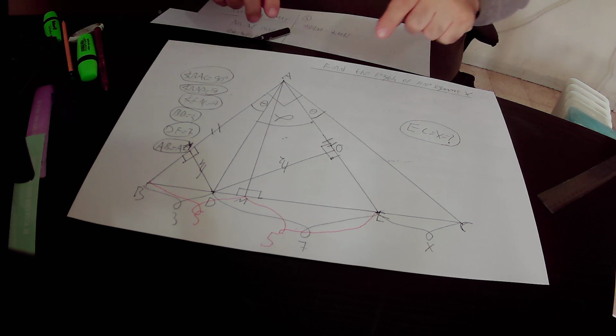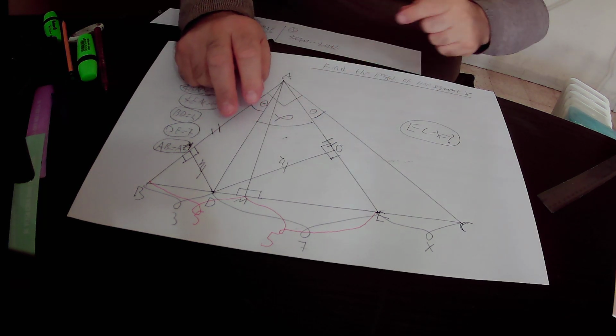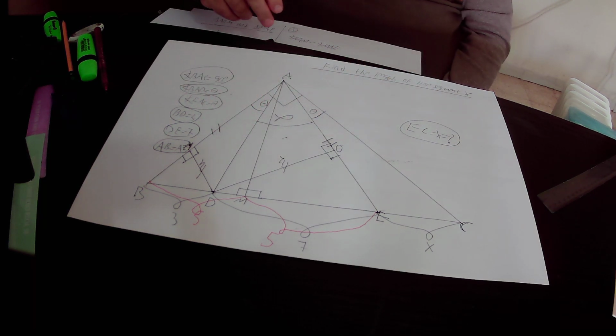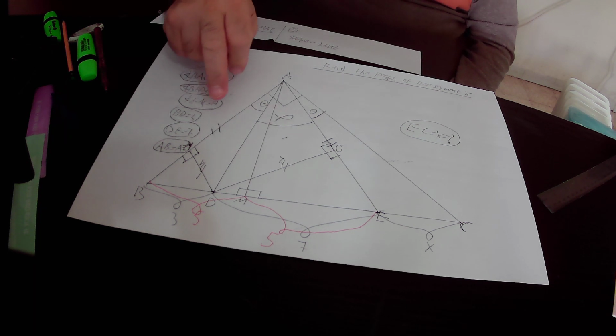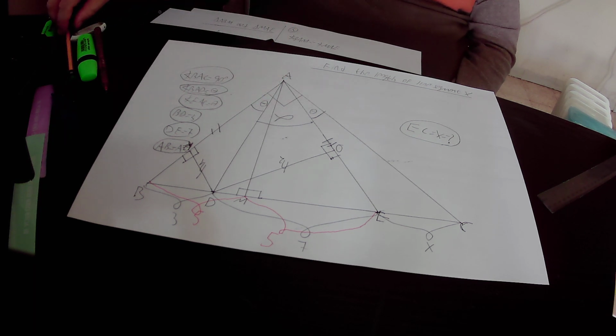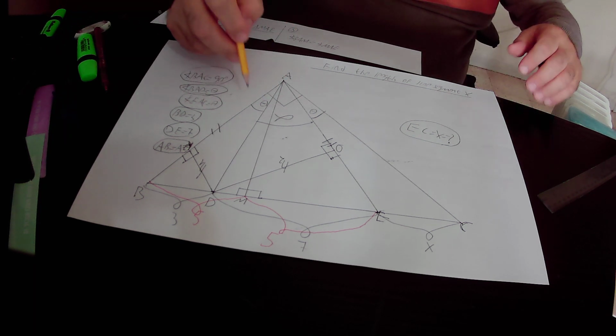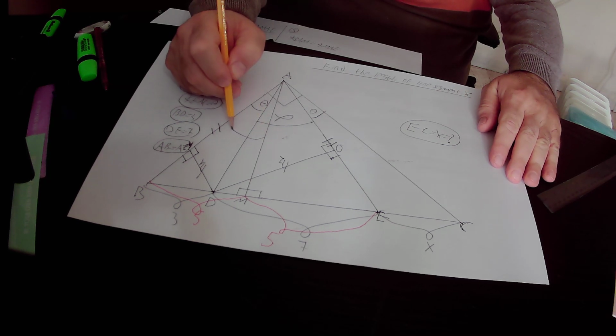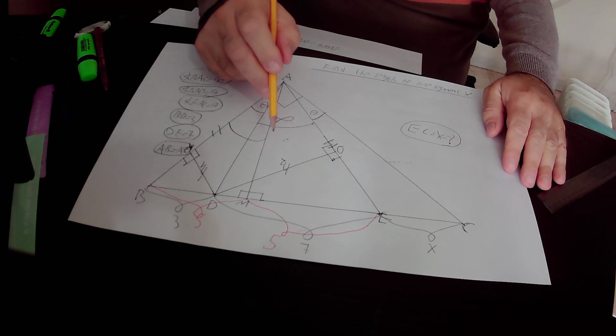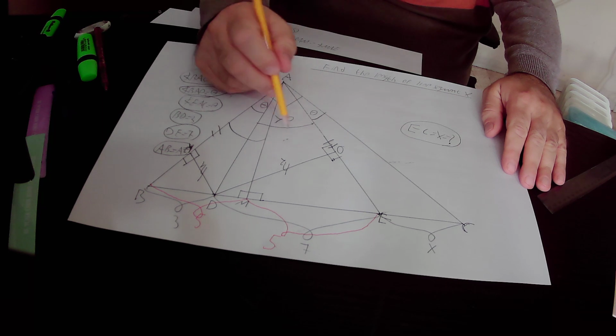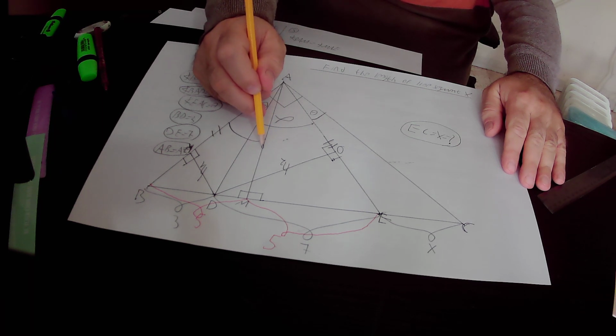Those two triangles are congruent to each other, therefore the two corresponding angles, that is to say angle BAM, this angle, will be equal to angle MAE, this angle.